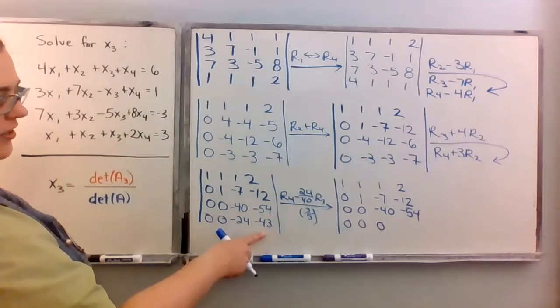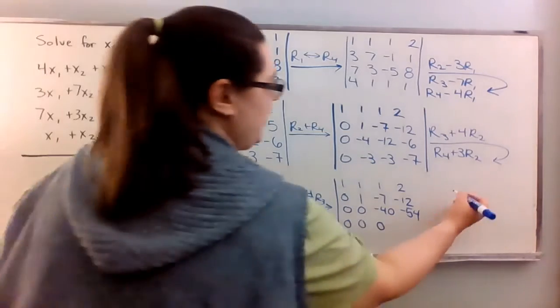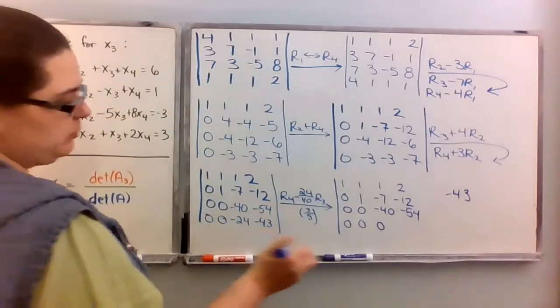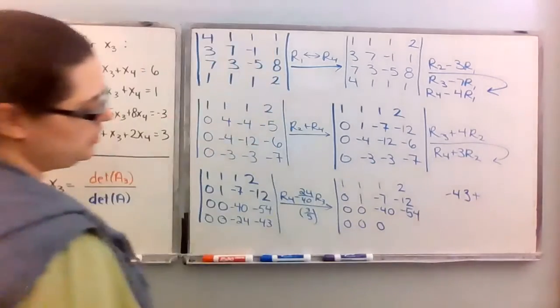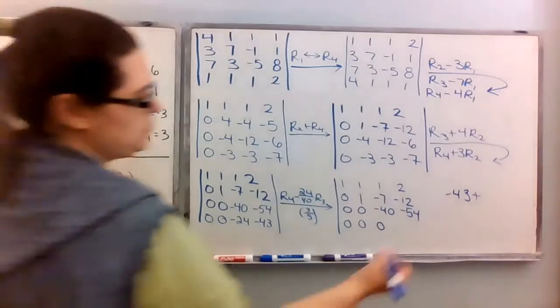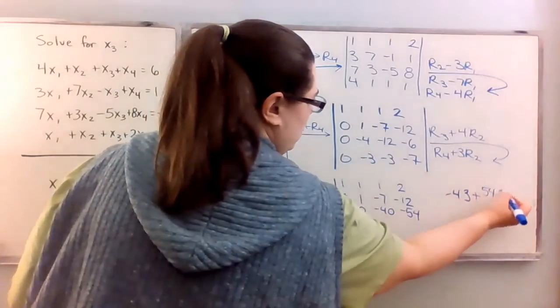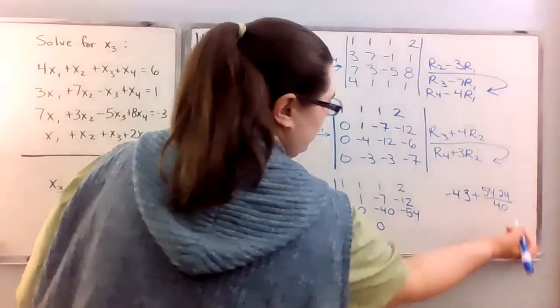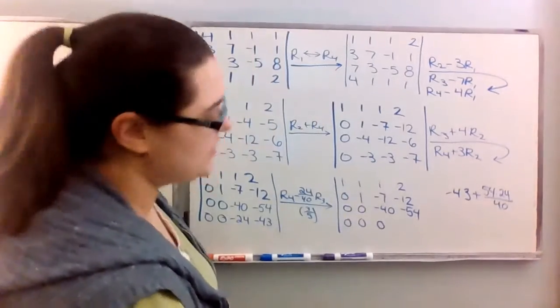Now I'm going to do negative 43 minus, this is going to be plus 54 times 24 over 40. So that's essentially what we're doing.